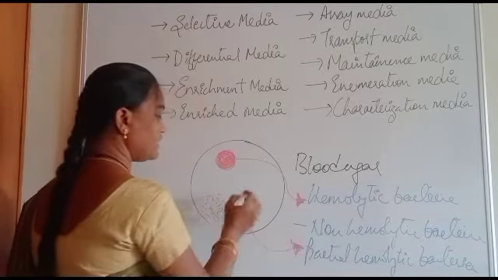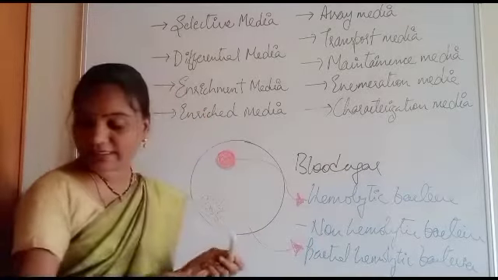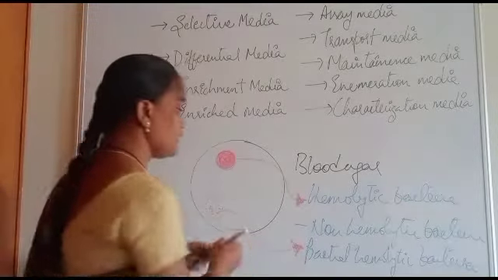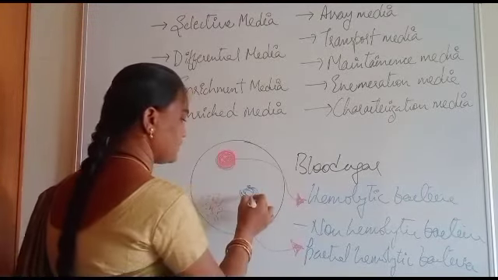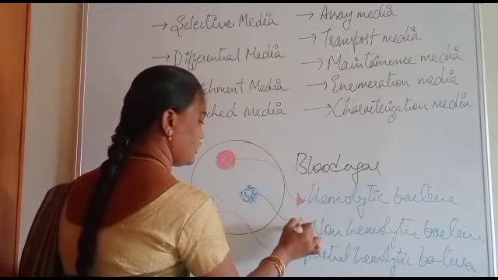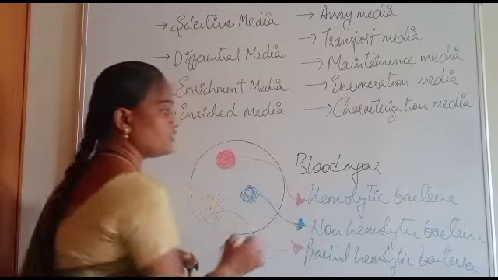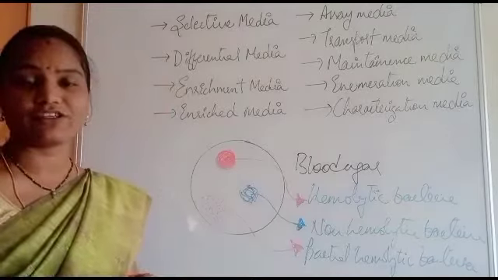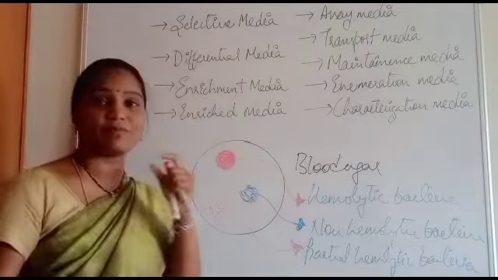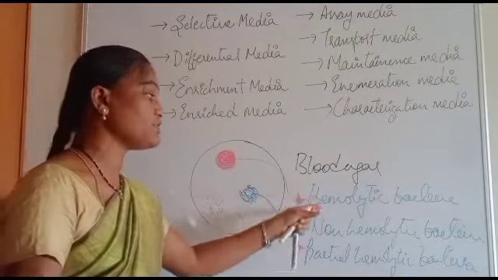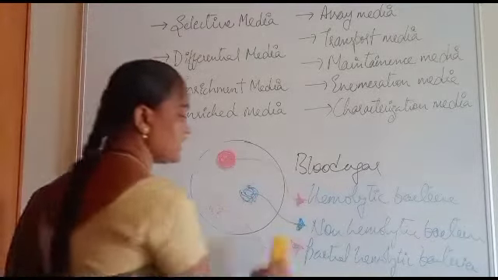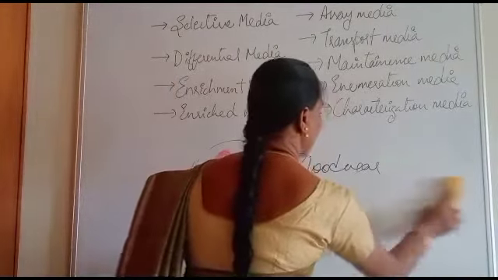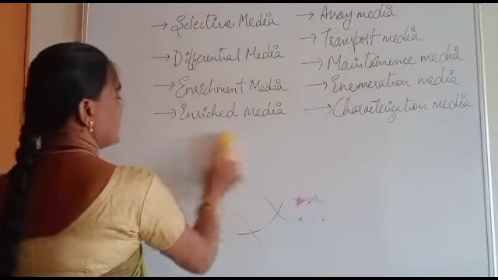And the zone where no change is observed is non-hemolytic bacteria. This is how, with the help of differential media, you can easily differentiate hemolytic, non-hemolytic and partial hemolytic bacteria. The next culture media is enrichment media.